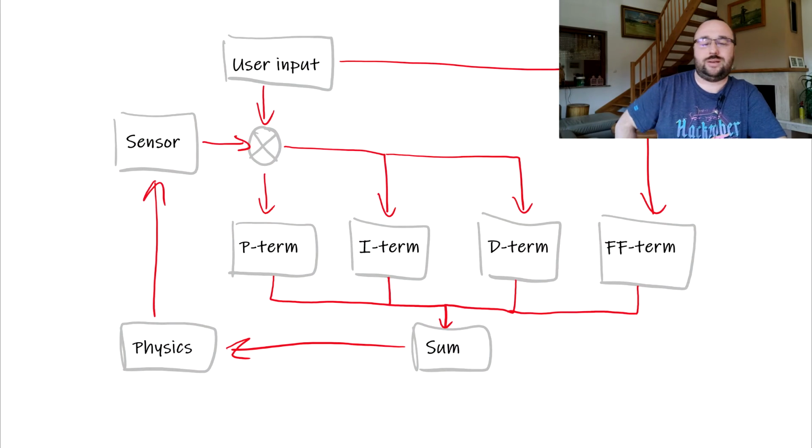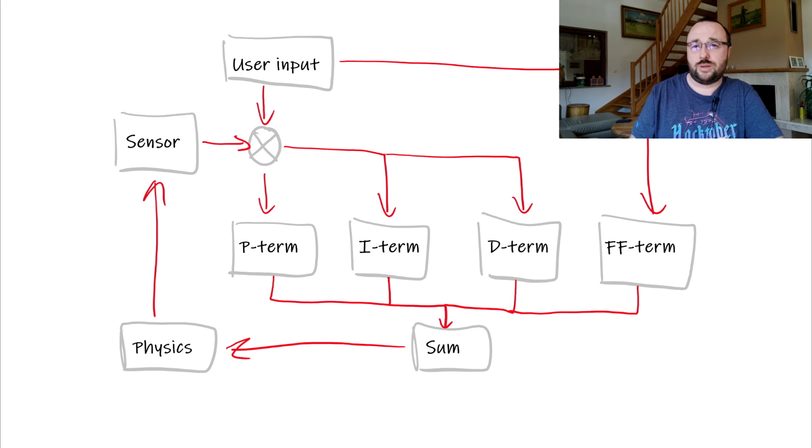And then, when we know what all those three components are doing, let's go into the final view of the problem. How this is all combined together, like what you are seeing right now on your screen. We have a sensor which takes care of the measurement phase, and we have the user input. This little circle with the X is the thing that computes the error, and the error is passed into the P term, I term, and the D term. It's not 100% true, because it depends on what the D term is working on, but almost. I didn't want to make this chart too complex.